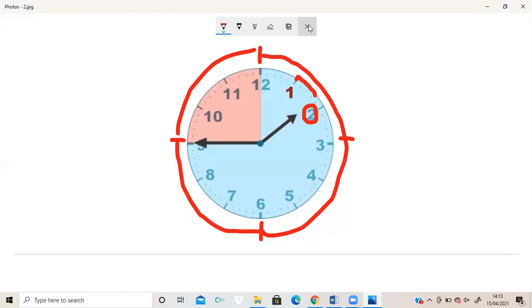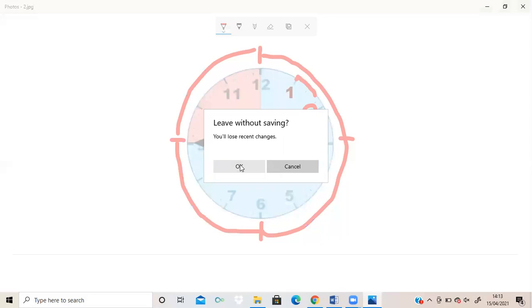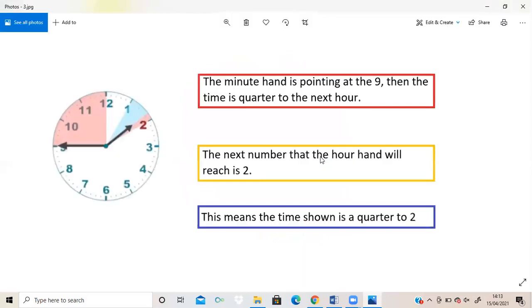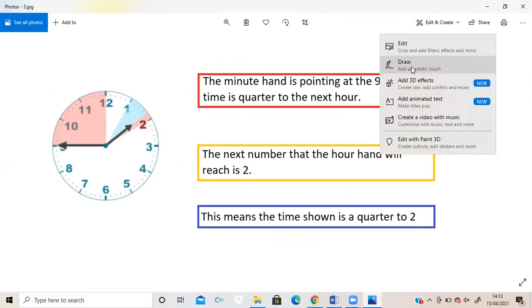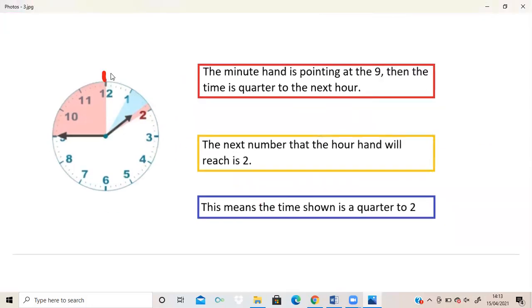Let me discuss another picture, and it will be easier. The minute hand starts its journey from 12, moves round and arrives on 9. When you see the minute hand on 9 and the hour hand's next number is 2, we can say this time is quarter to 2.